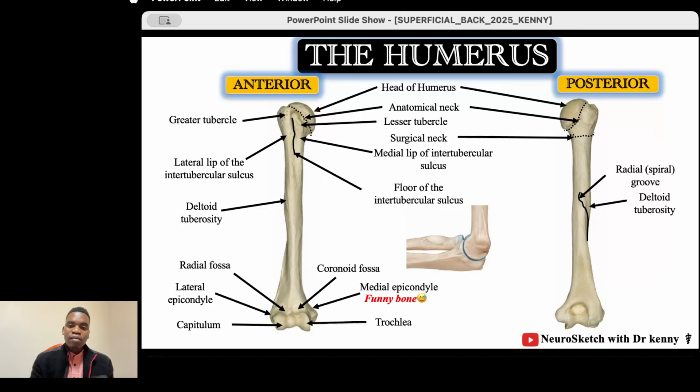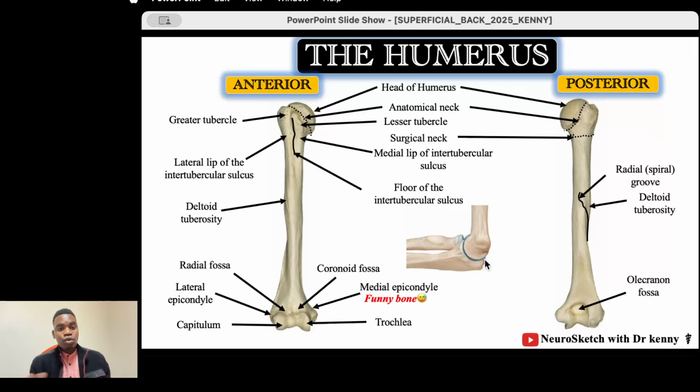Okay, the same applies on the posterior part of the humerus. We have a little depression, and we call it the olecranon fossa. It is known as the olecranon fossa because here is where the olecranon process of the ulna will sit when you are extending the elbow joint. This part over here is the olecranon process.